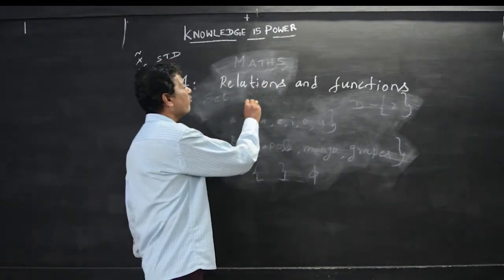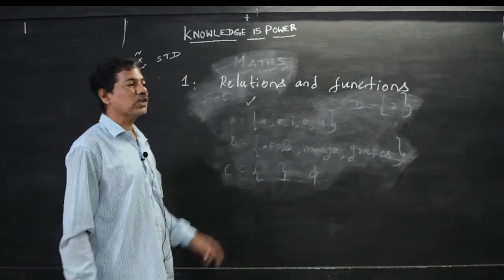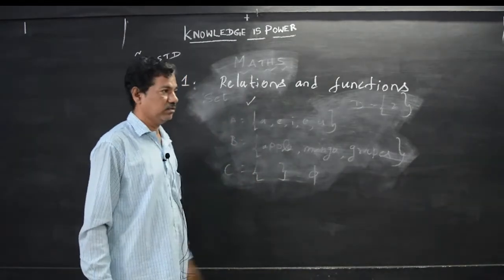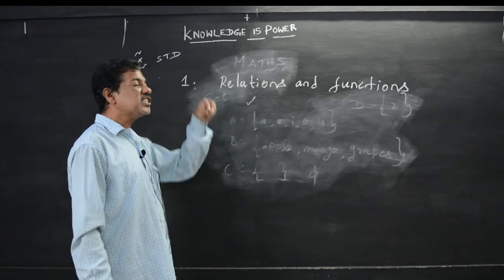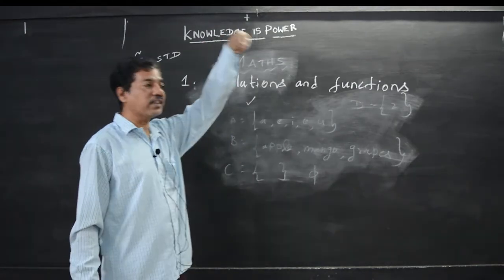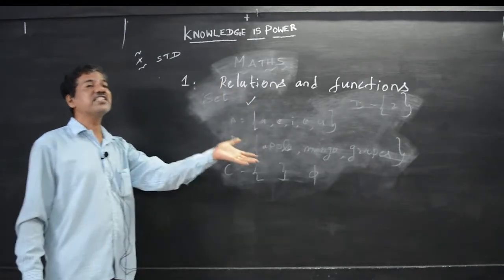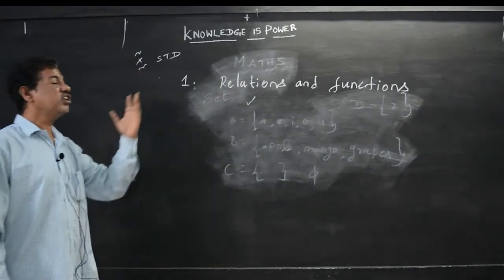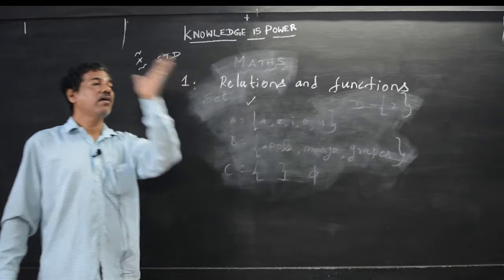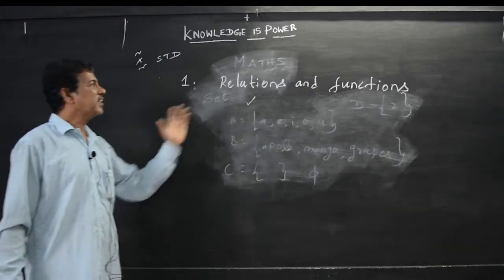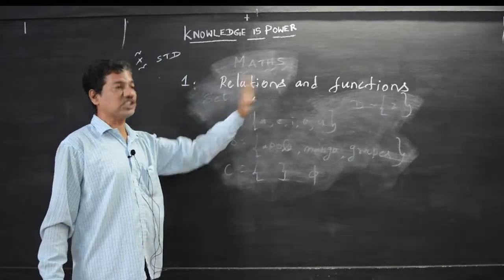The name itself we can identify. Relation, what is the meaning of relation? Suppose this person is related to another person, how can we identify it? This boy is the brother of them, this girl is the sister of them. Like that we can tell in the way of relation.